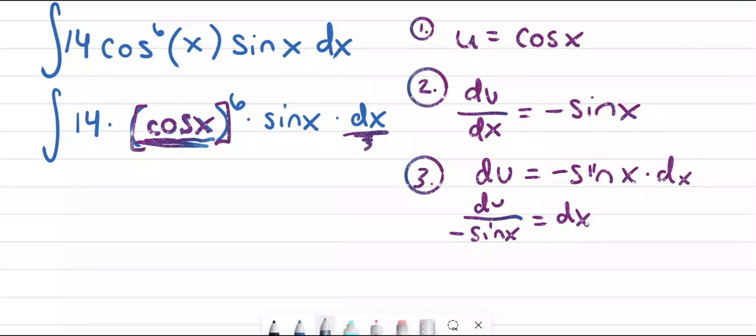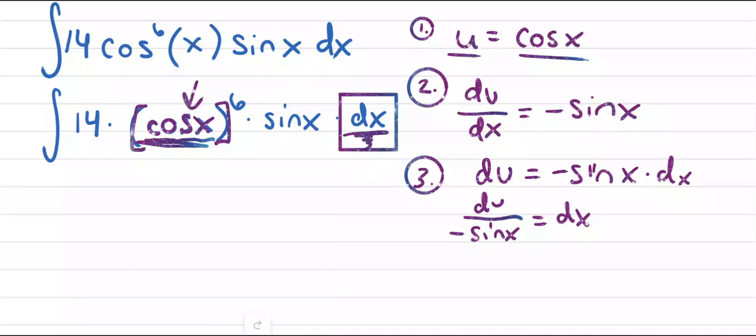All right, so now we can replace this with this, right? Something that it's equal to. This is where the substitution comes in. And we can replace cosine with u, right? We set this up, we said u equals cosine. So over here, instead of cosine, I'll write u.